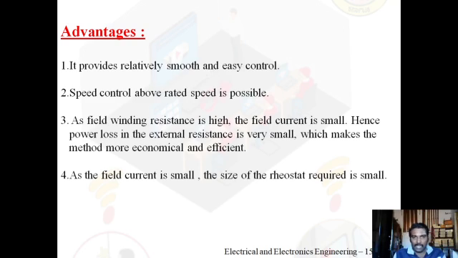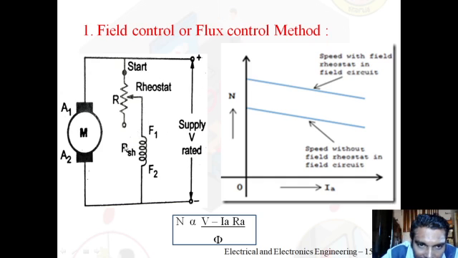Hence, the power loss in the external resistance is very small, which makes the method more economical and efficient. That means as the value of this resistance is high, the current flowing through this path is very less.